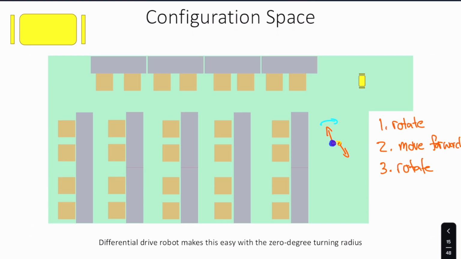So I start here, rotate so that I'm facing this direction, then move from one point to another, and finally rotate so that I'm facing this final direction. I can do that all in a continuous motion. That is because we have a very simple device that's not technically holonomic, so it can't directly translate in this direction, but it can rotate in spot and then translate. It's the rotating in place that really gives us this advantage.